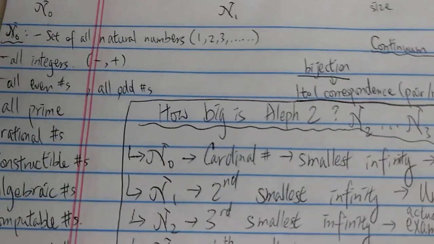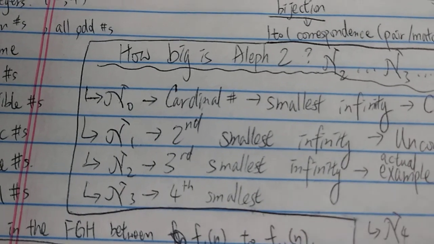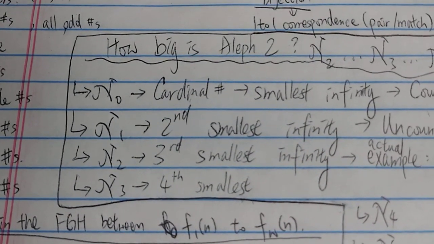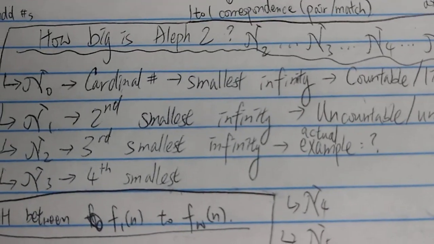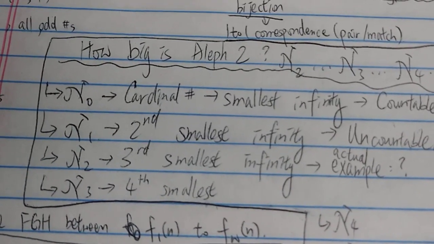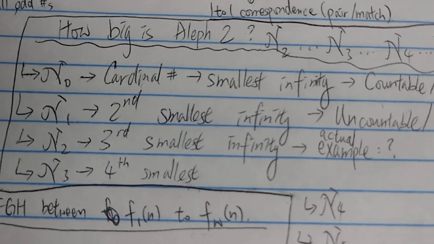And actually, the size of the fast growing hierarchy, from F0, F1, F2, all the way to F omega, and then you continue to F omega plus 1. As you know, omega is the smallest transfinite ordinal.